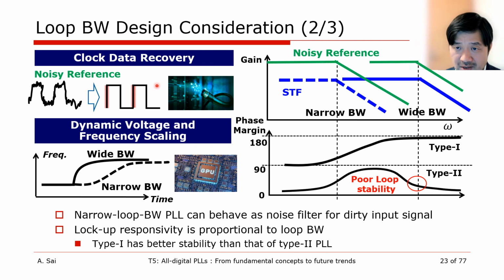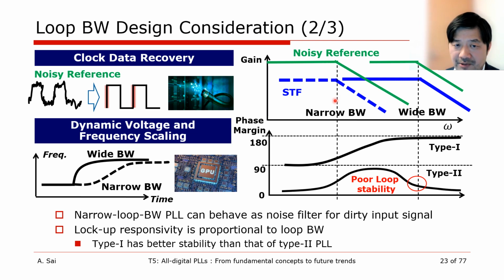So the PLL is required to have phase filter function to remove the noise of the input data. In this case, it is better to adopt the low noise oscillator as a VCO, such as LC VCO, and lower the loop bandwidth so that the phase much more follows the clean VCO.